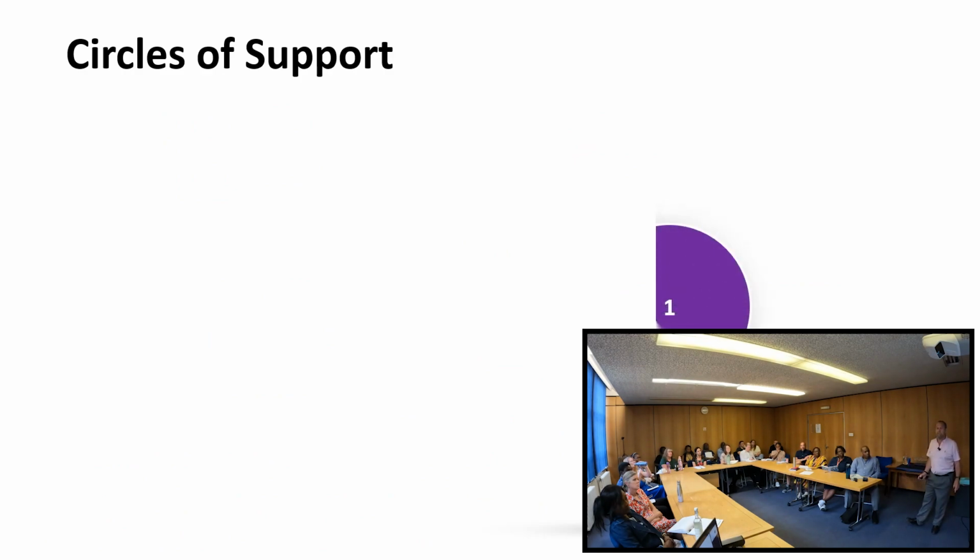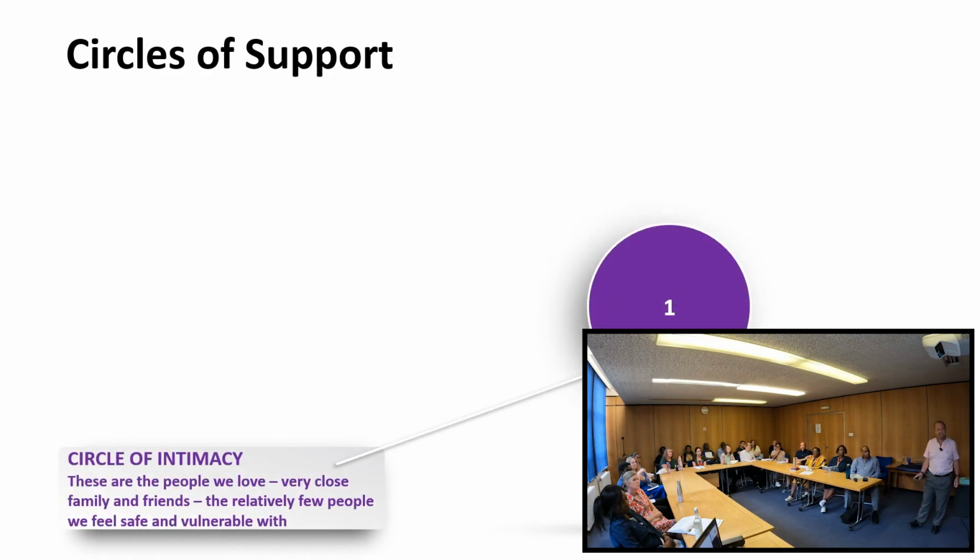Circles of support is another way of looking at this. Inner circle of intimacy. How many people on average are in someone's circle of intimacy? They may have a family of 12, but don't tell me they're close to every single one of them. These are the people you love, the people you're prepared to share secrets with, and you're going to be safe with them.